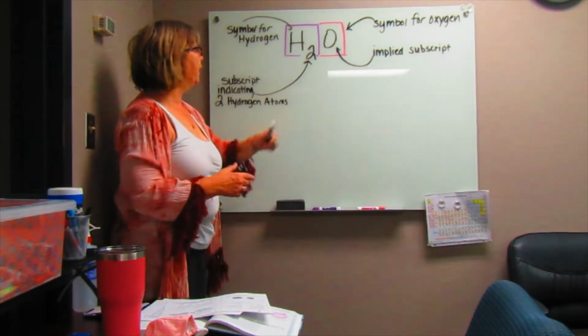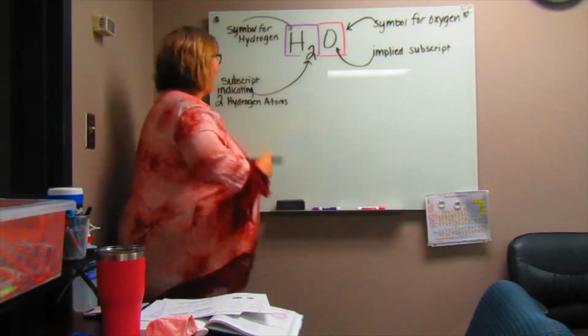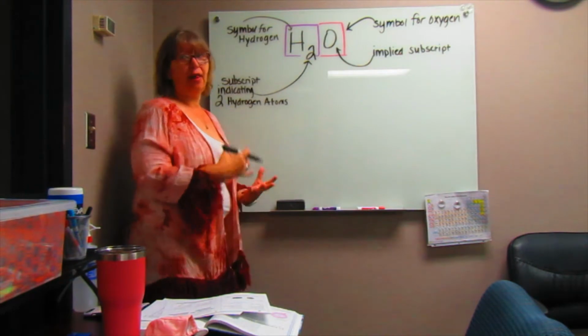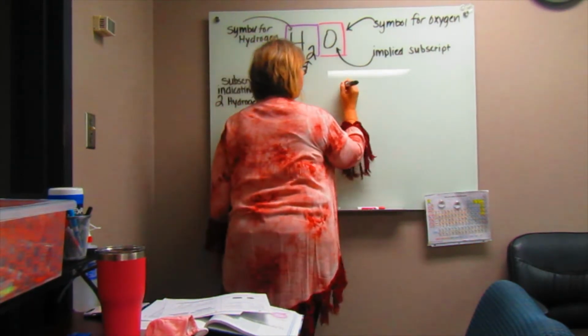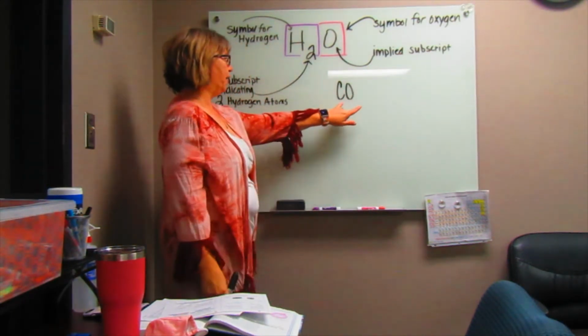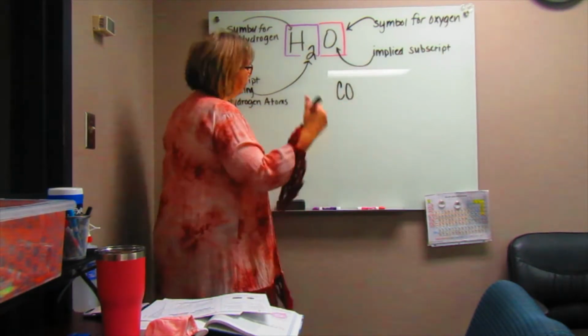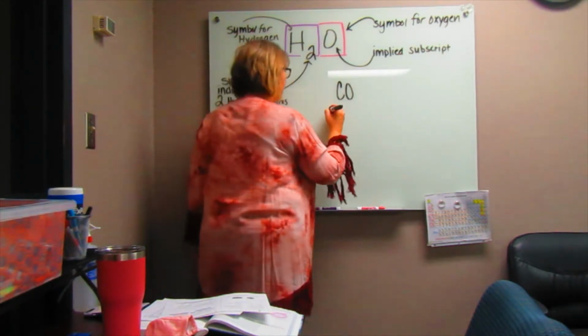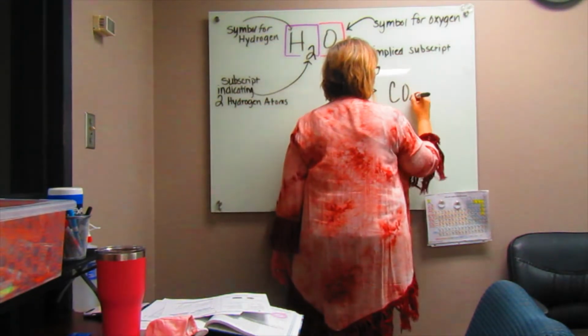When we have chemical compounds, the number of atoms can change the compound itself. If you look at carbon monoxide, carbon monoxide is CO. We have an implied subscript of 1 on each element. But if we add a subscript, it changes the compound altogether.